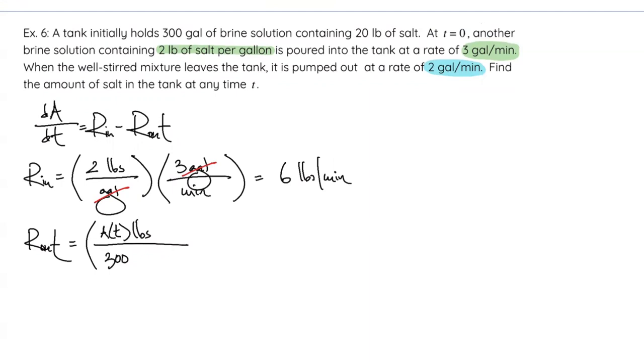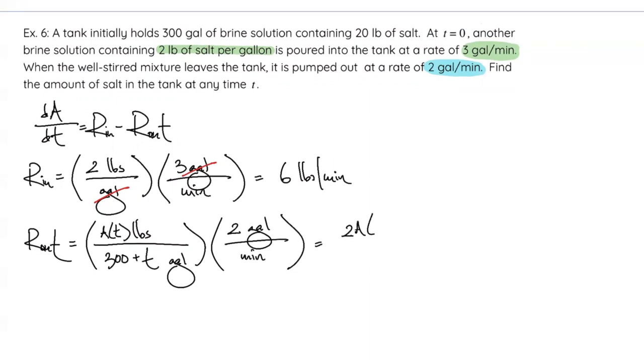But this time it's 300 plus t, little t, gallons. And for my rate out, I have 2 gallons per minute. And so if I multiply these, I get 2A of t over 300 plus t pounds per minute.